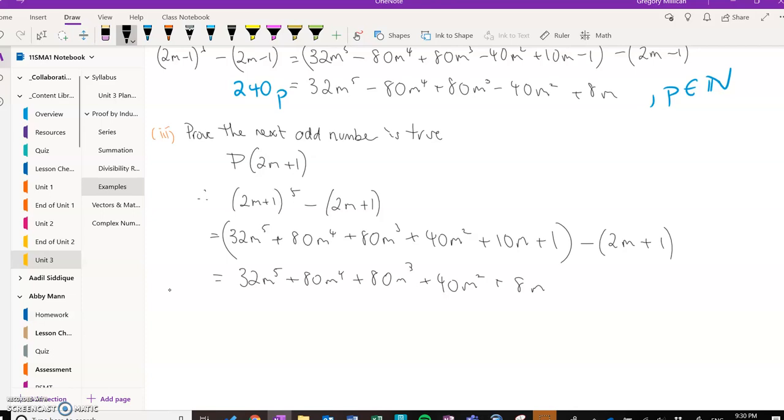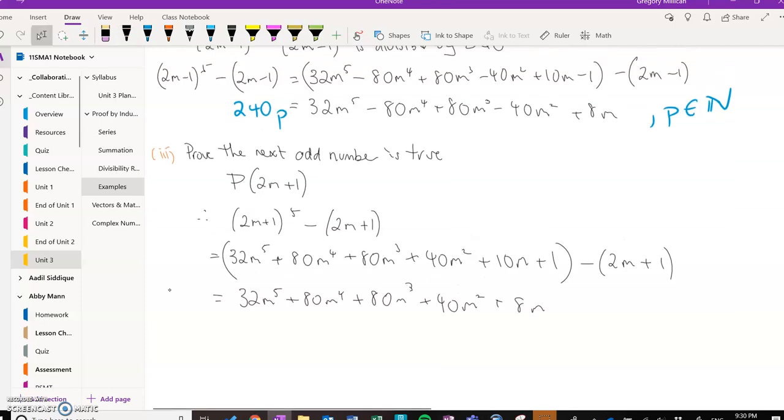So we've tidied that up. I'm going to come back up here. We're going to call this equation up here equation number 1, and this equation number 2.